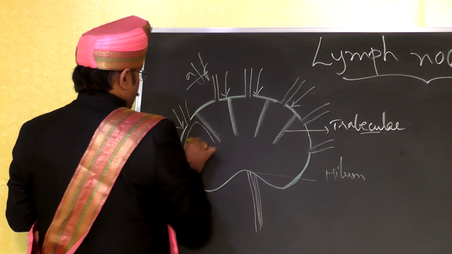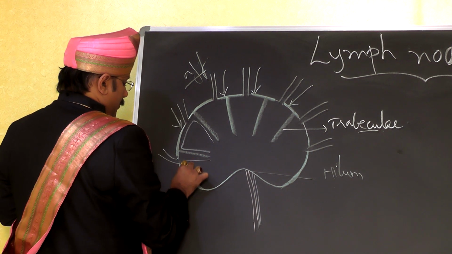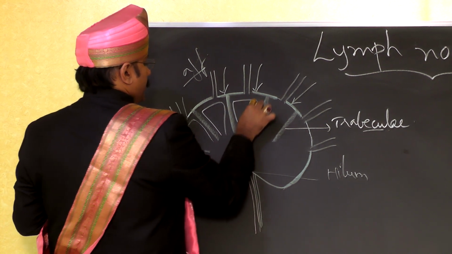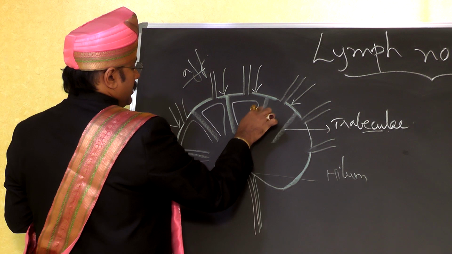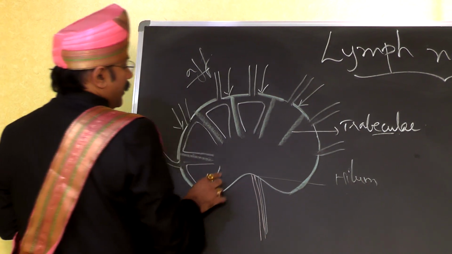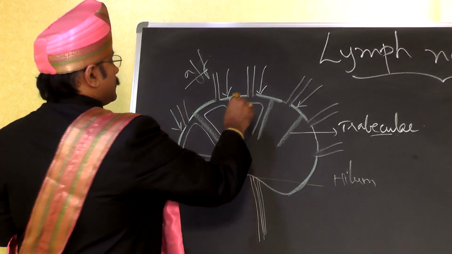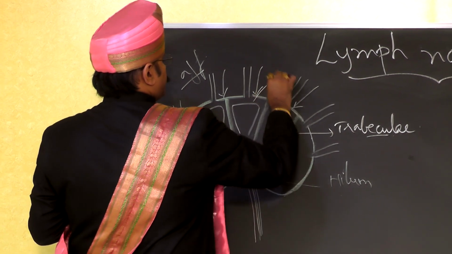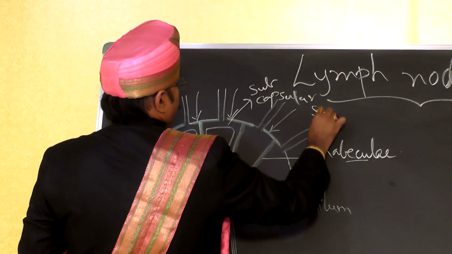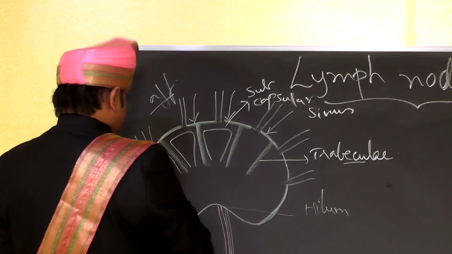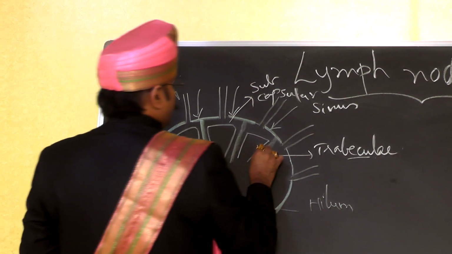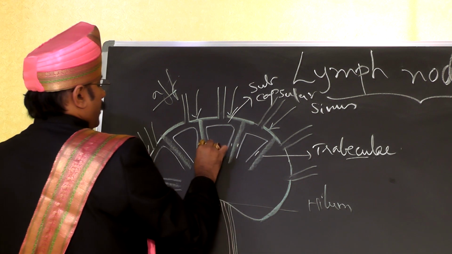subcapsular sinus. If you observe, underneath the capsule you have the subcapsular sinus, and this subcapsular sinus is extending into the cortex in the form of the radial sinuses. You understand it? This subcapsular sinus is extending into the cortex in the form of radial cortical sinuses.